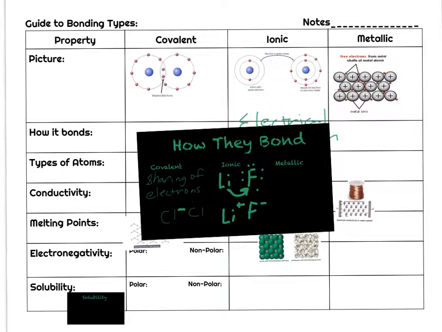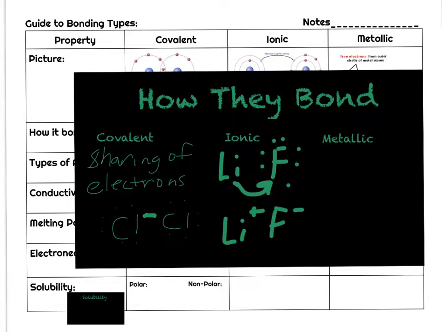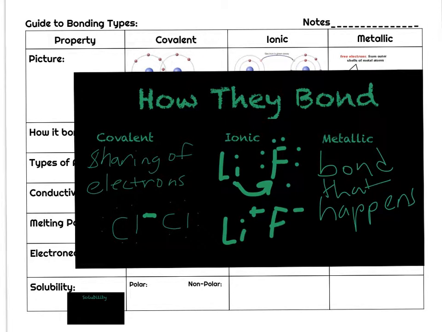and that's how the bond is formed. So really a metallic bond, the best way to describe it for us, is it's a bond that happens in metals.